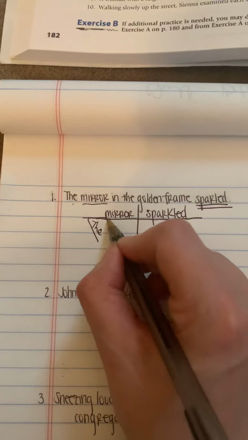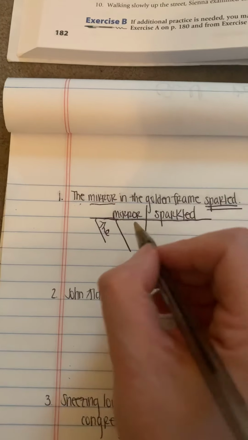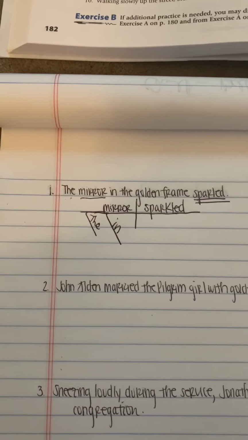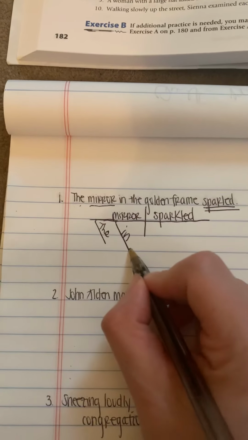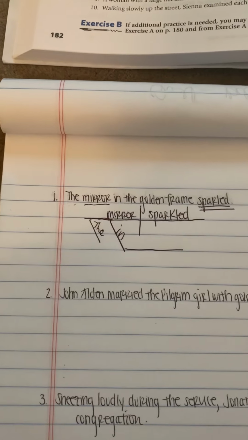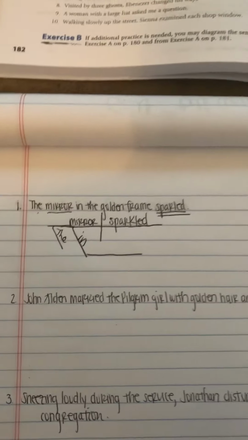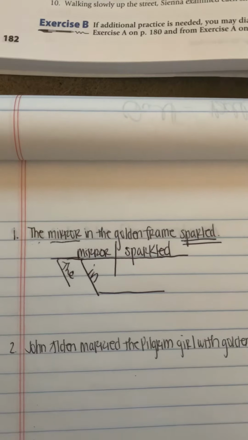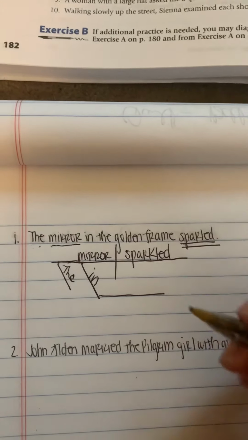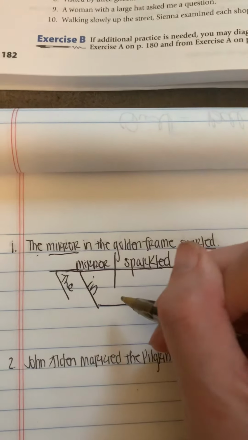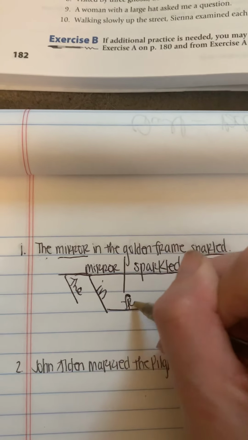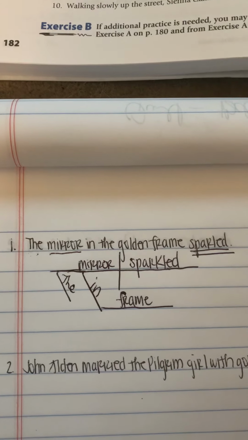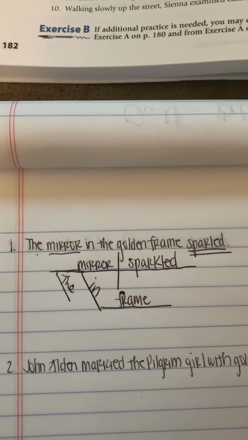So prepositional phrase, start with the slanted, and your preposition always goes on the slanted, in. And then you continue with your straight. And then you put your object of your prepositional phrase on the straight line, frame. So we have 2 words left in our prepositional phrase, the and golden.